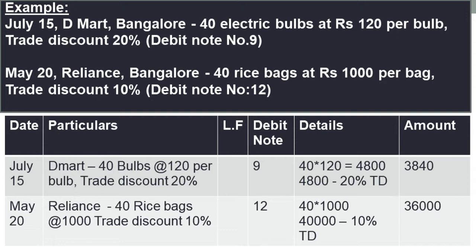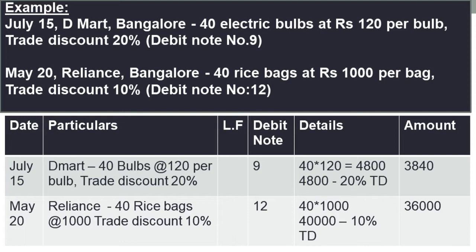And also we have received a trade discount of 20%. So, 20% on 4,800. 20% of 4,800 is 960. When you deduct 960 from 4,800, we get 3,840, which is the total amount. And we have to mention this total amount in amount column.